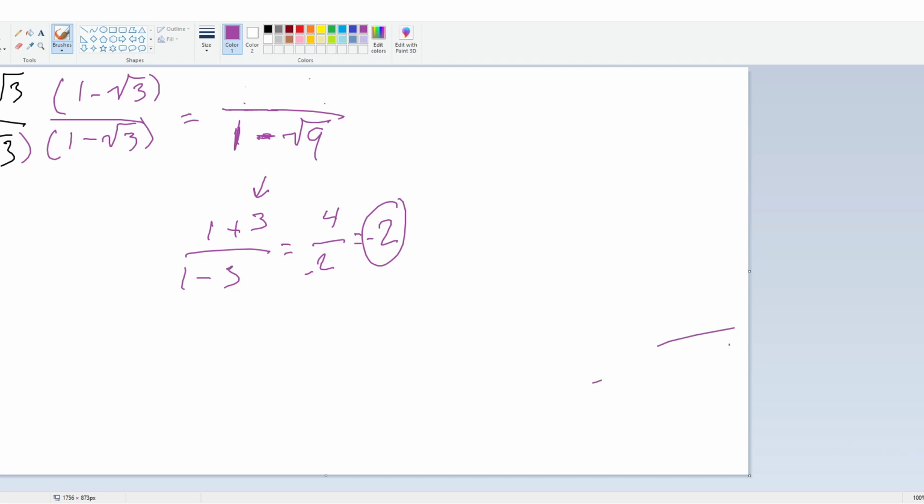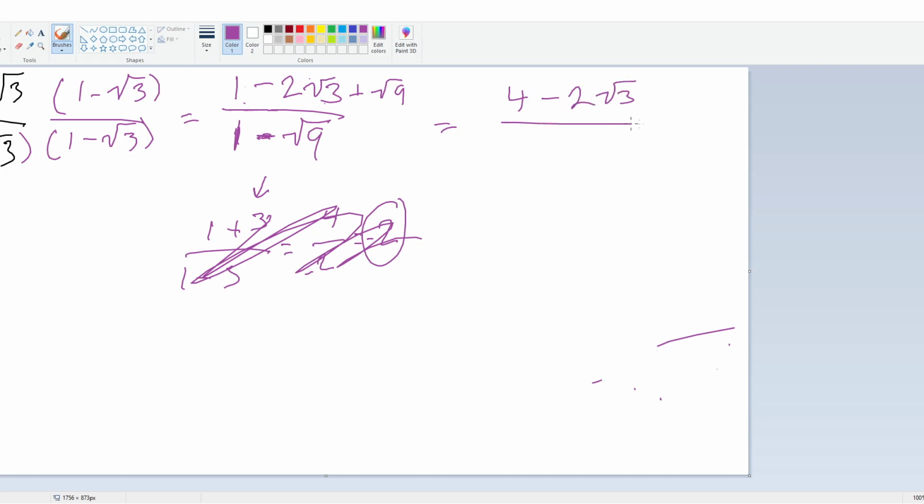We would actually still be stuck with 1 minus 2 square root of 3 plus square root of 9. And so that still turns into 3. So we get 4 minus square root 2 square root 3 over negative 2.